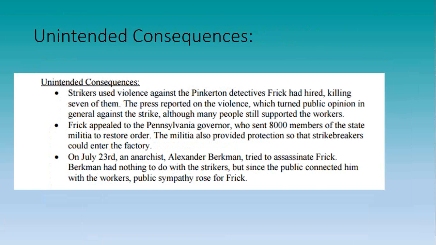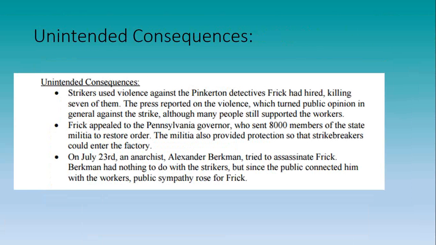By doing that, the strikers are now in a bad light, and they have to negotiate with Frick. And so they do. Frick now gets them to take the pay cut, and they go back to working 12-hour days.